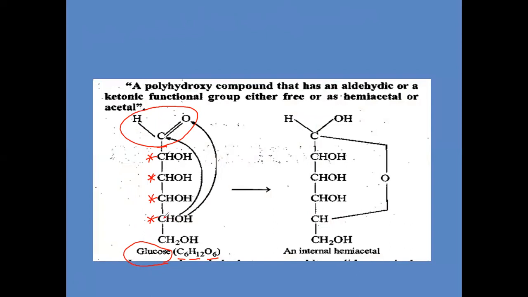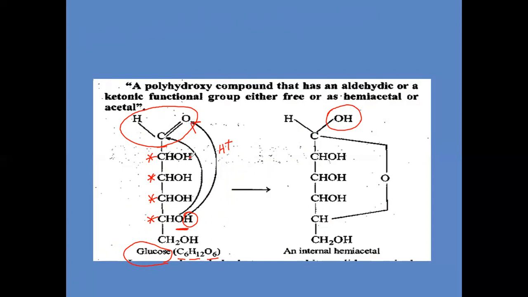Between the last chiral carbon and the CHO group, the hydrogen of the OH group on the last chiral carbon will migrate towards the more electronegative oxygen. Then the double bond O becomes a single bond OH. Got it?